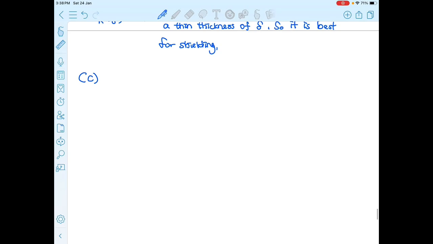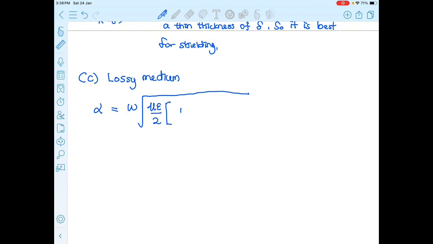So for lossy mediums, what will be the attenuation constant formula? Okay, so you have omega, right? Then you have a big square root of (1 plus (sigma over omega epsilon) squared, square root) minus 1.